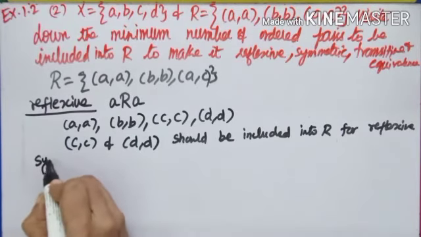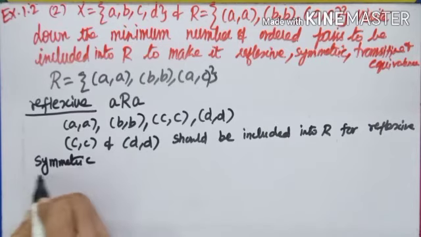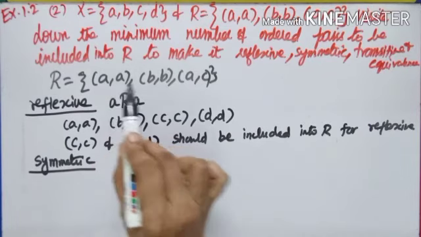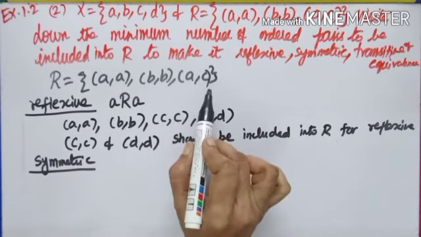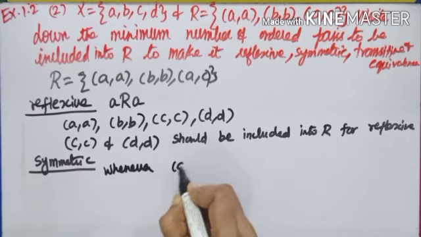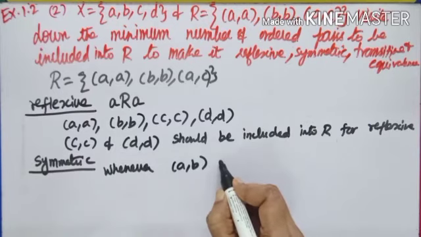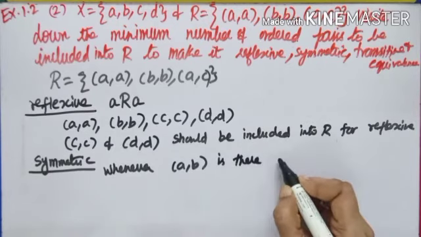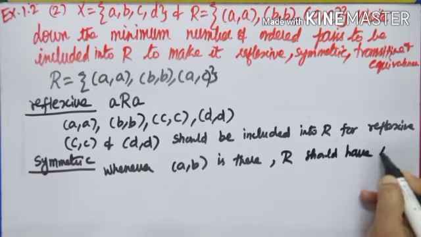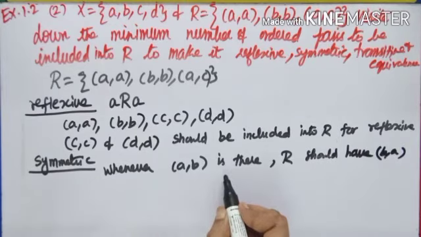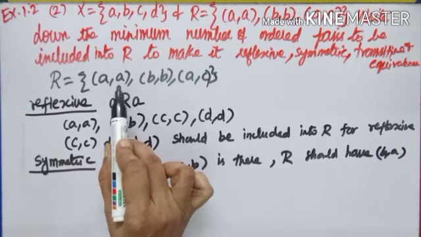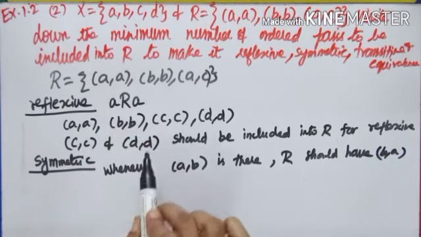The second idea, symmetric. What do you mean by the word symmetric? Just see AA, BB, AC are there. Symmetric says whenever A, B is there, R should have B, A. The idea, whenever AB is there, R should have BA. So AA is there means, if I reverse also AA it is there.